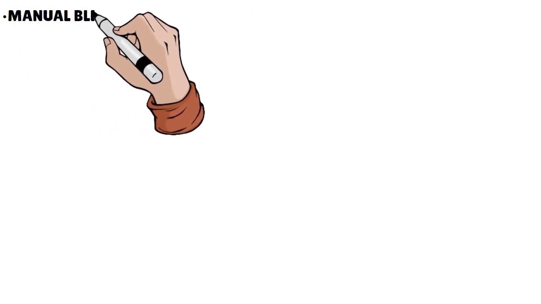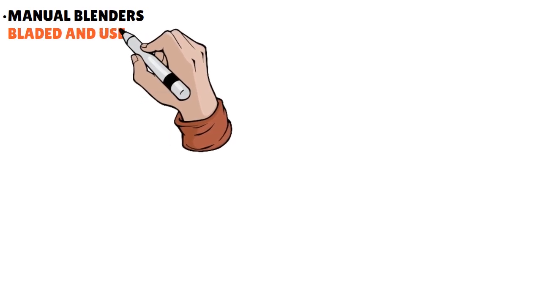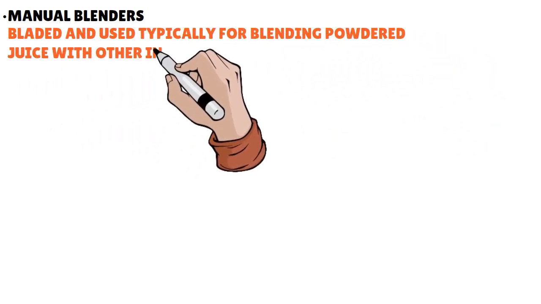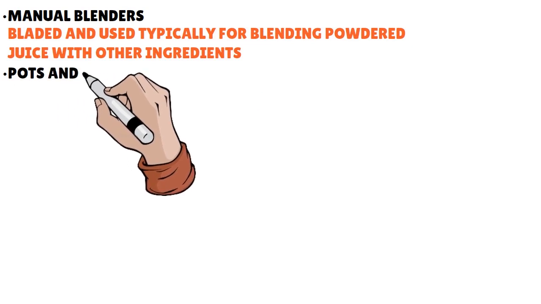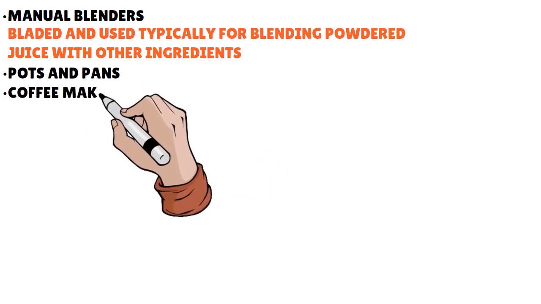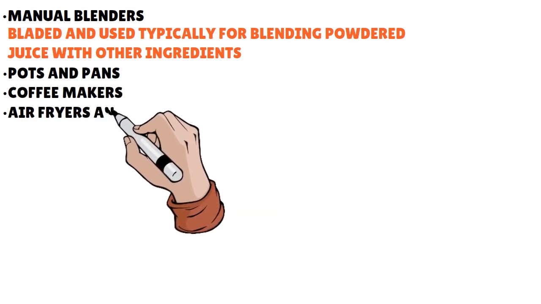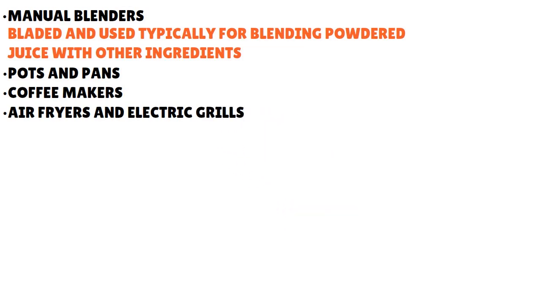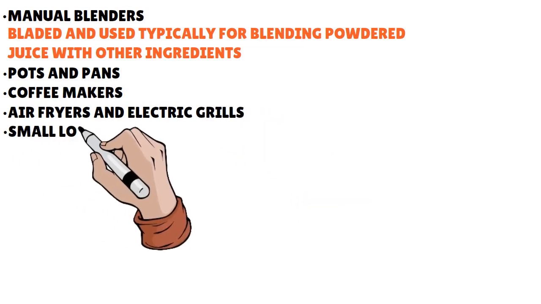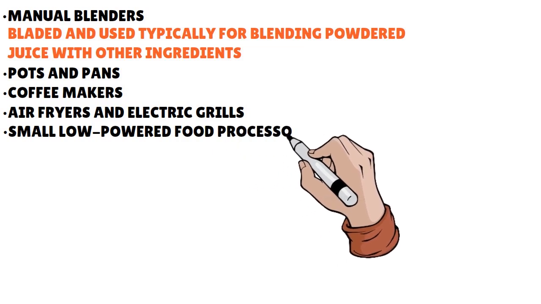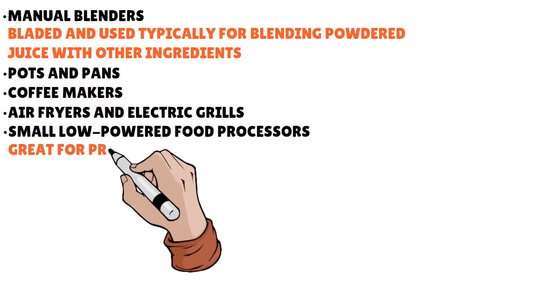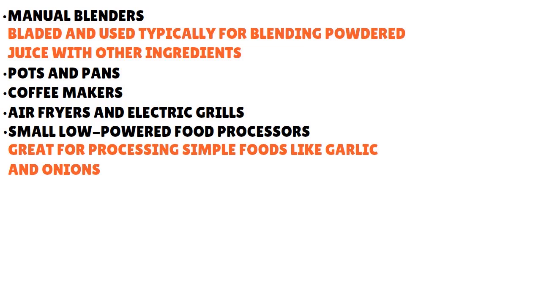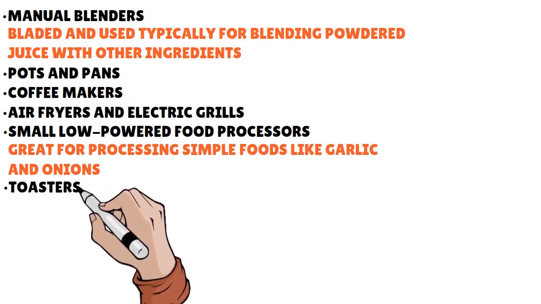I'm speaking here about manual blenders, bladed and used typically for blending powdered juice with other ingredients. You have pots and pans. You have coffee makers. You have air fryers and electric grills. These are really good also. You also have small, low-powered food processors, and those are great for processing simple foods like garlic and onions, for instance. And finally, you have toasters.